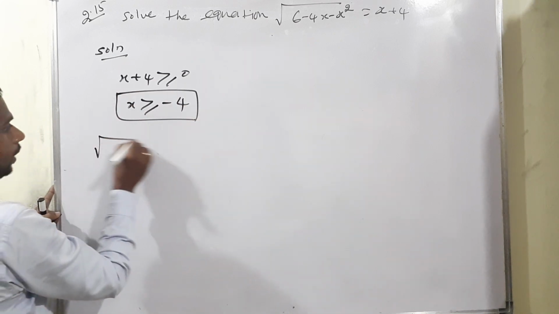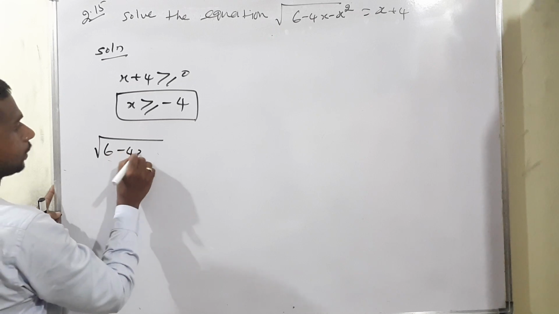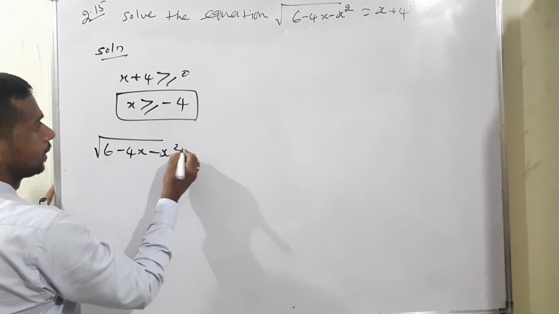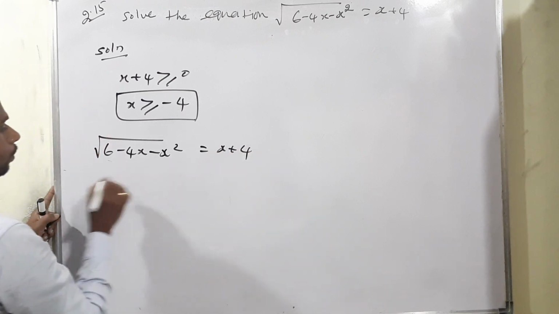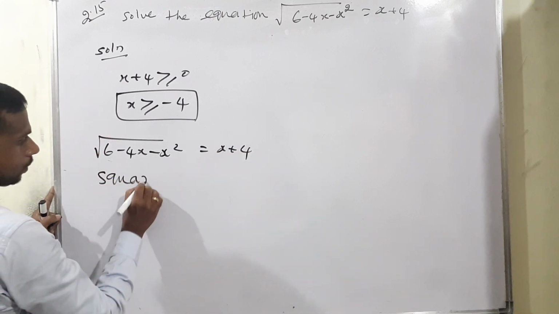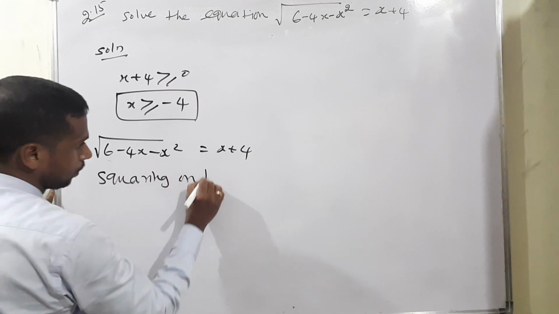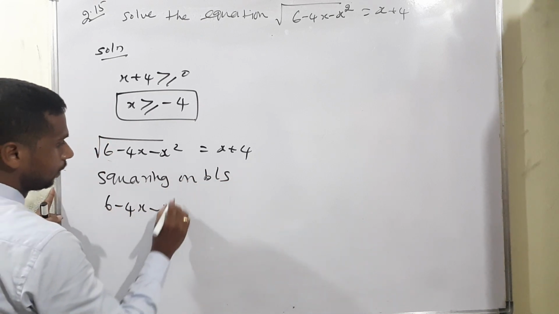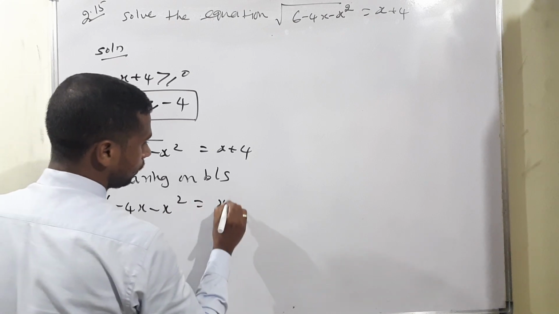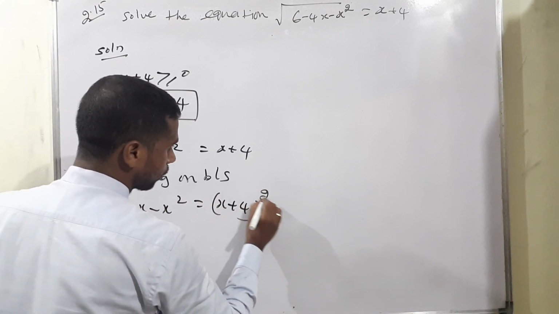What is the condition here? Square root of 6 minus 4x minus x square, isn't it? Equal to x plus 4. Now squaring on both sides. What will happen? 6 minus 4x minus x square is equal to x plus 4 the whole square.